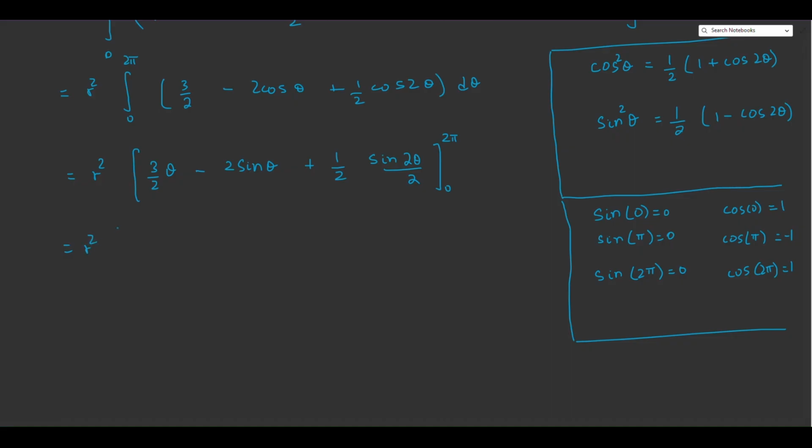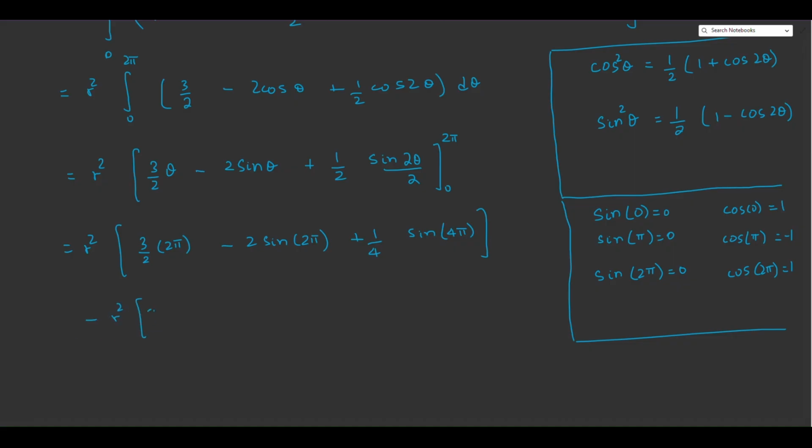So r squared, when we substitute the upper limit, we get 3 by 2 multiplied with 2 pi minus 2 sine of 2 pi plus 1 by 4 sine of 4 pi, and then minus, we substitute the lower limit.